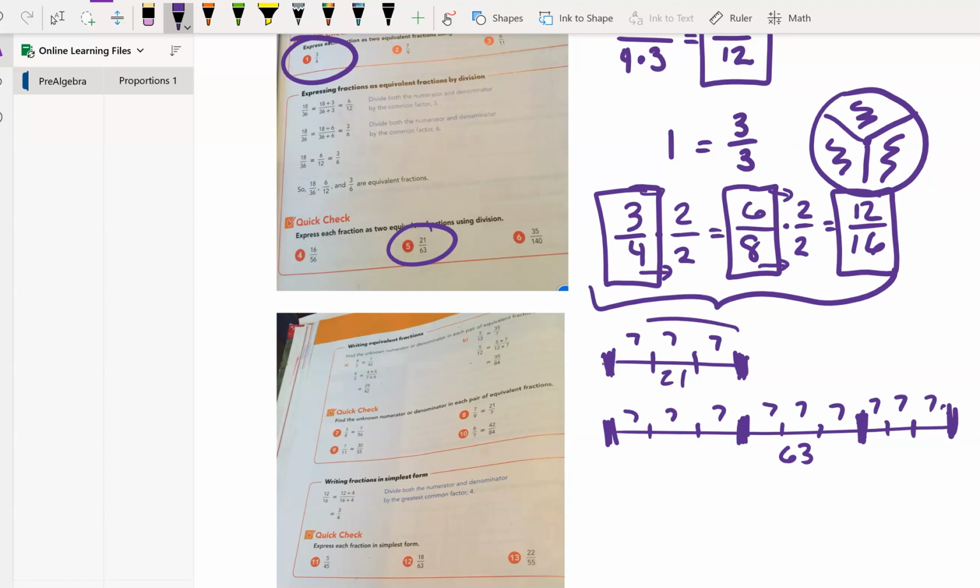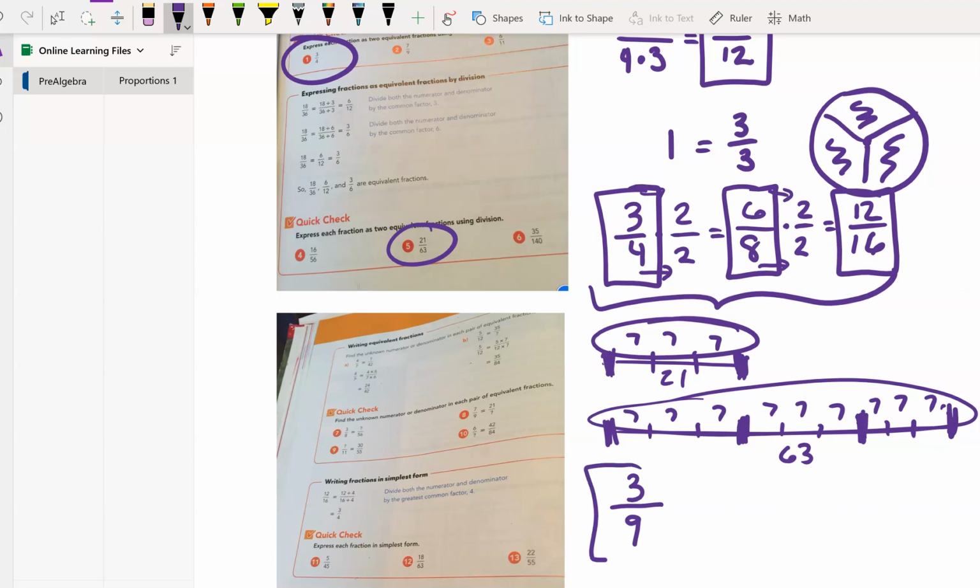It looks like there are 3 7s that come out of 21, and it looks like there are 9 7s that come out of 63. So we've reduced our fraction. So it looks like that fraction would be equivalent. Is that the smallest we can make it, though? Can you think of another number that might divide evenly into 3 and also divide evenly into 9?